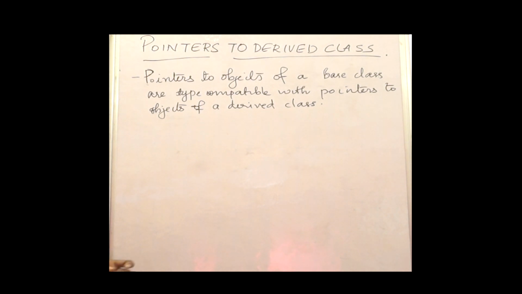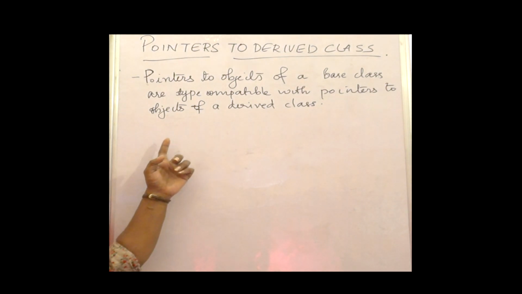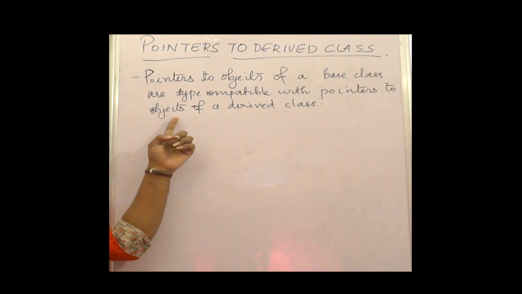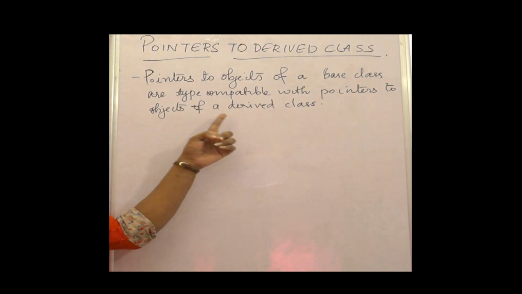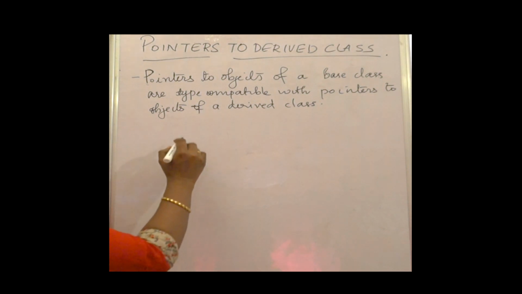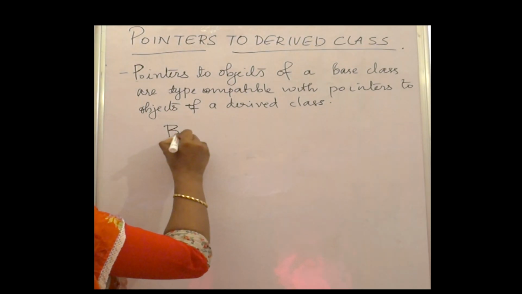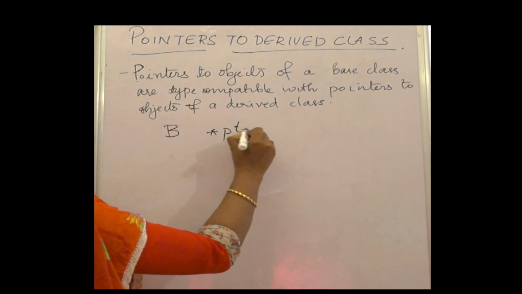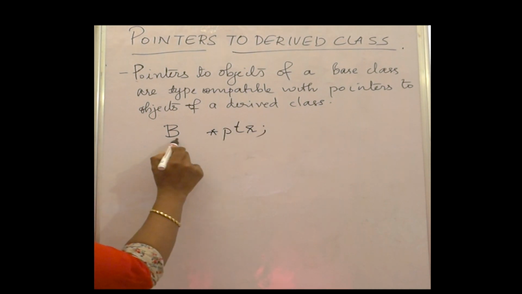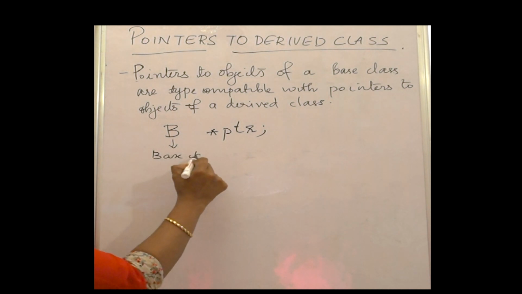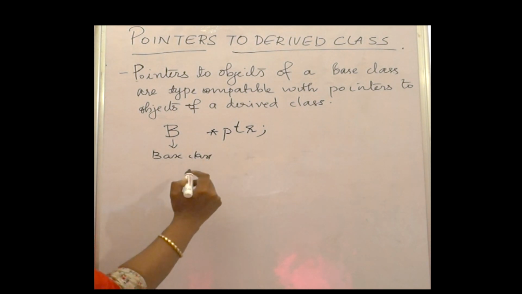The meaning is that when you create a pointer to an object of a base class, we can also use the same pointer to point to objects of a derived class. Let us see one example in which B is a base class and I am creating a pointer PTR. Here B is the base class and PTR is the pointer.